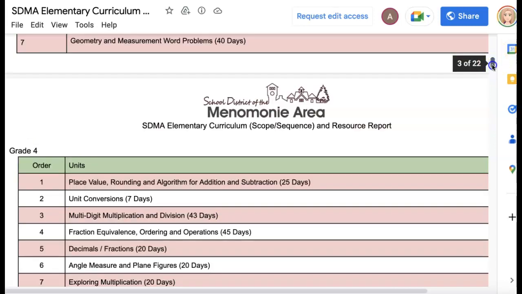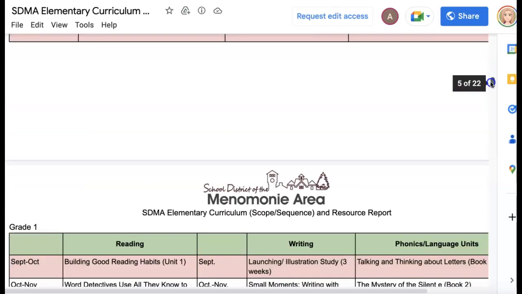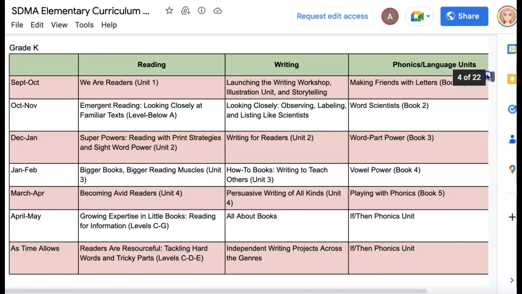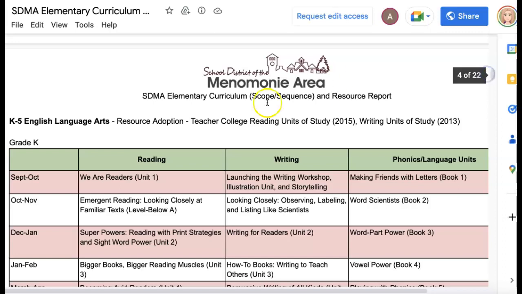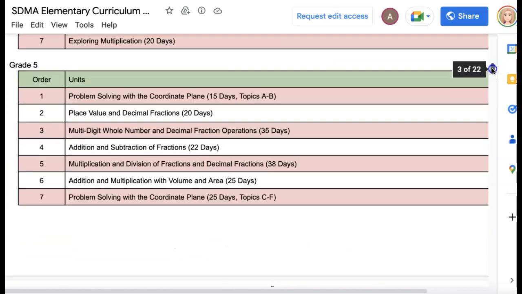So this appears to be, here we go. And then we have, let's see, okay, English language arts, all of this. So, and you can see along the side, on the left-hand side, even what months you're going to be working on these things.